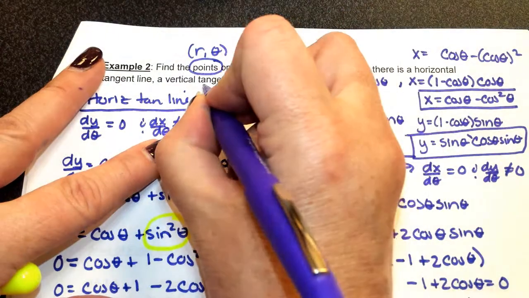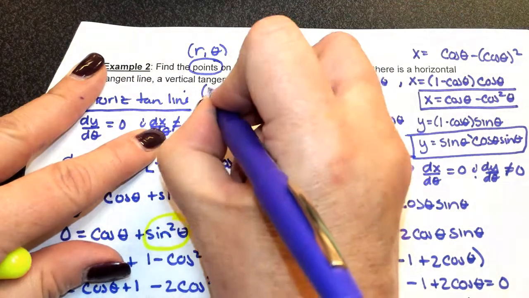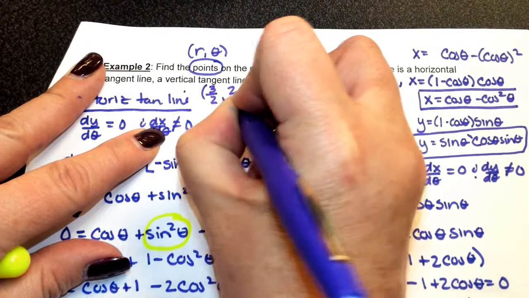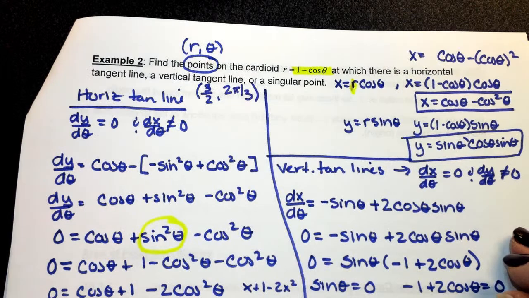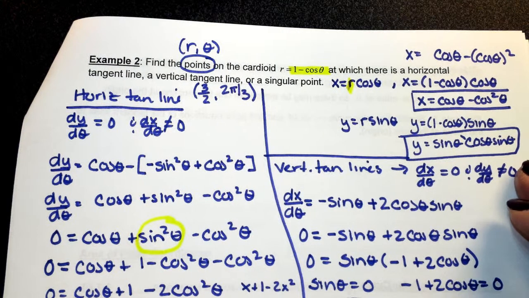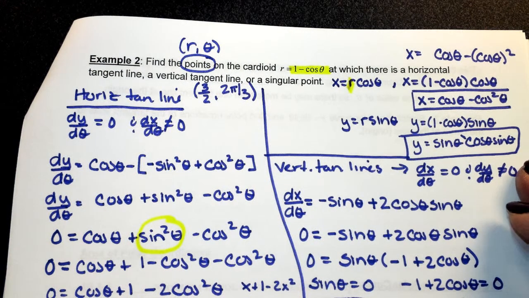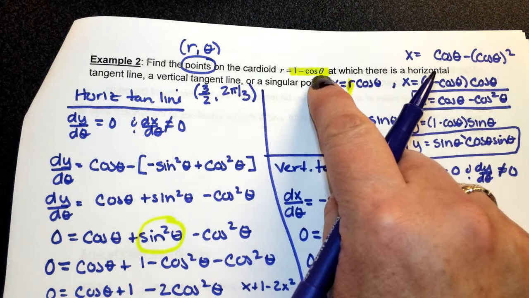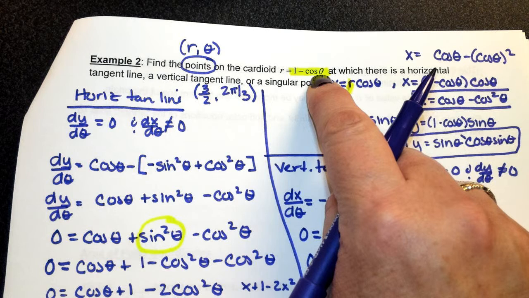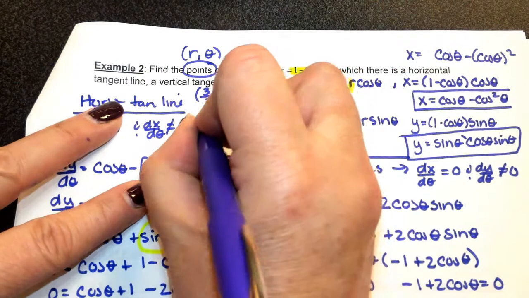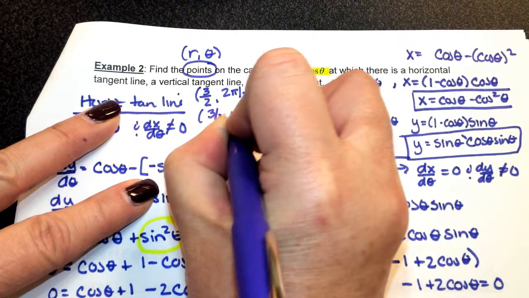So the point will be at 3/2, 2 pi over 3. That's the point where I'm going to have a horizontal tangent line. For 4 pi over 3, if I plug in 4 pi over 3 for theta, the cosine of 4 pi over 3 is also negative 1/2. So that's also going to be at 3/2, 4 pi over 3.